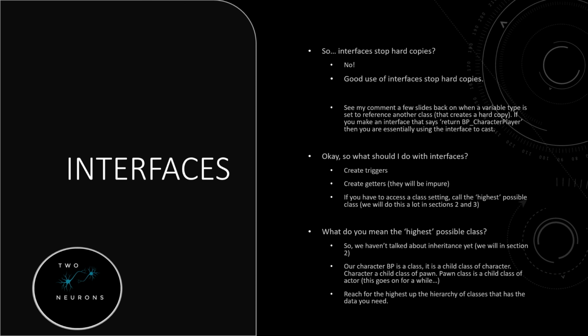That's the entire list of inheritance for a player character. Our player character is fairly far down that list. We want to get as high as possible on that list when we use interfaces if we have to get to the class. That's what we'll be doing with actor for our inventory system. So you want to reach the highest possible class in that hierarchy that has the data you need.